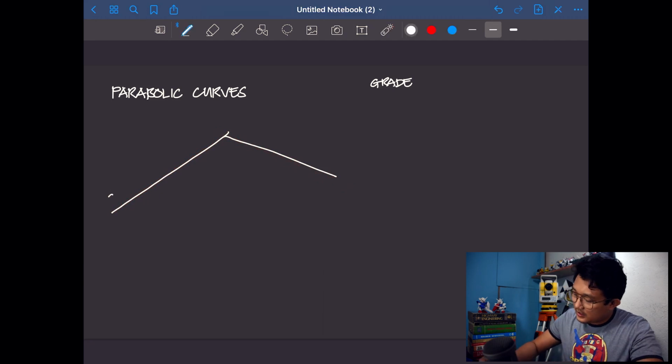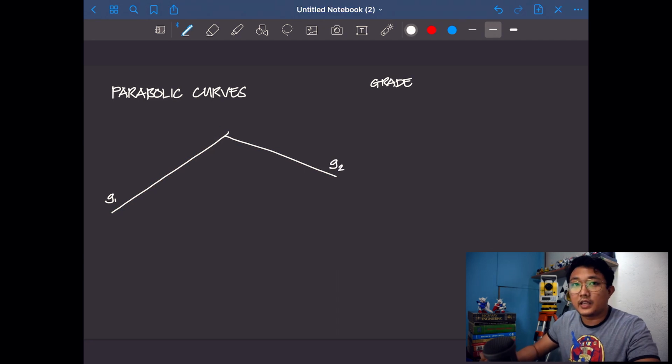That means that this road here will have a grade, say, G1, and this road will also have a grade, say, G2. Now, grade is given in percent form, or it is a percentage. Now remember, again, let me reiterate, grade is just another term for the slope.